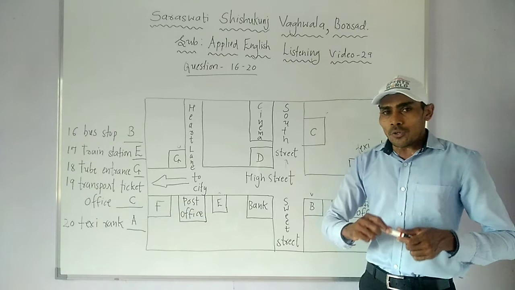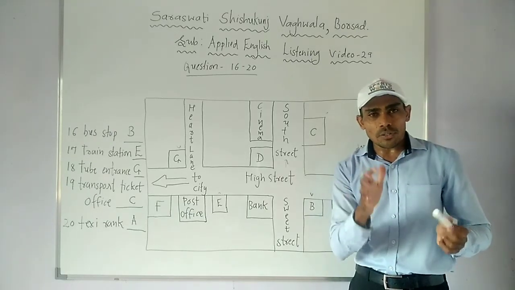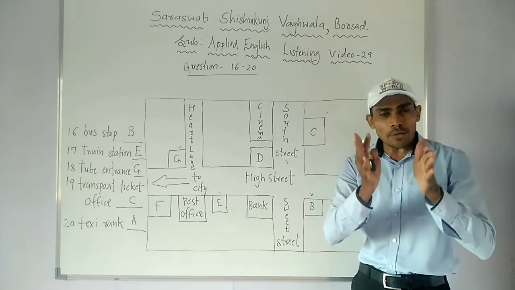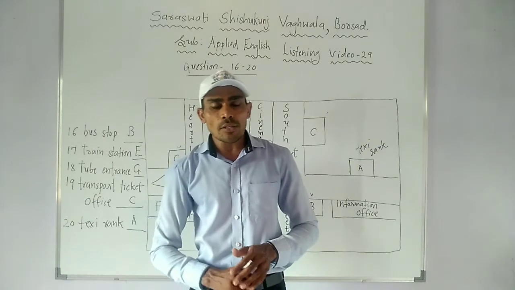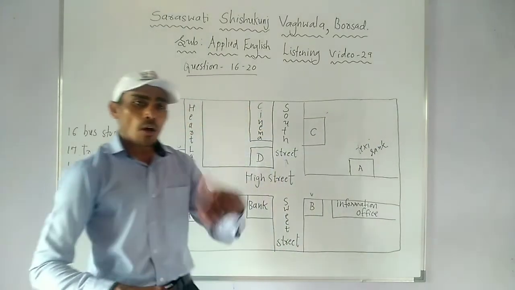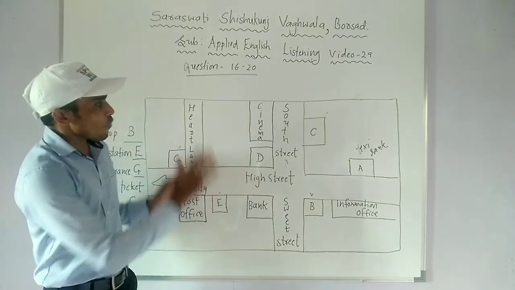Students, now for your assessment task, I always give an assessment task after my video. In the assessment task you can do listening for your applied English examination, and you can get a good score in applied English.